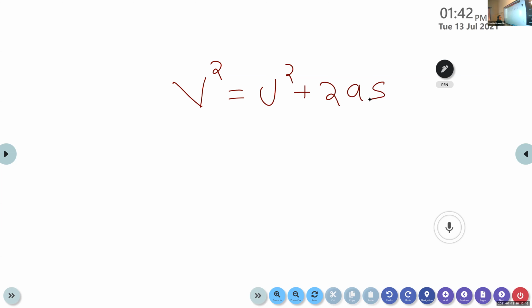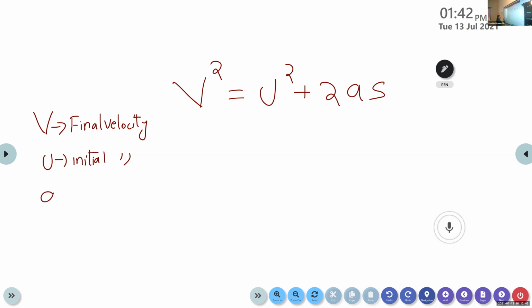First of all, try to differentiate each term in this equation. Try to find out each term present in this equation. What does V represent? Final velocity. Very good. U is the initial velocity. Good.